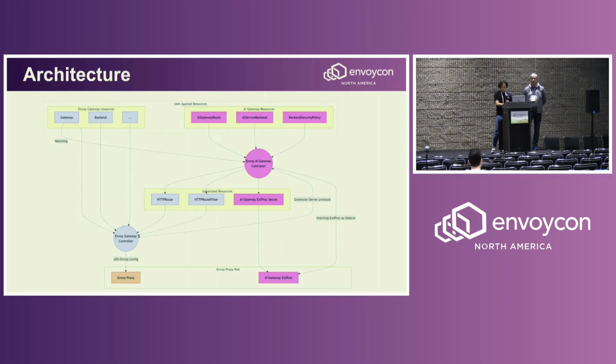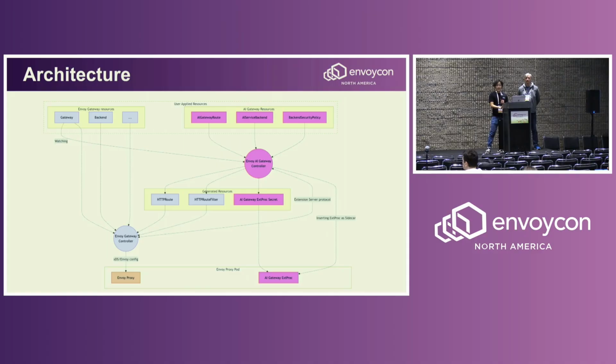Then I'm going to do a deep dive on the implementation details. As I explained, we are using Envoy Gateway as the core infra layer. Envoy Gateway is basically the Gateway API implementation, and it manages Envoy Proxy itself. So we are not managing Envoy Proxy by ourselves.